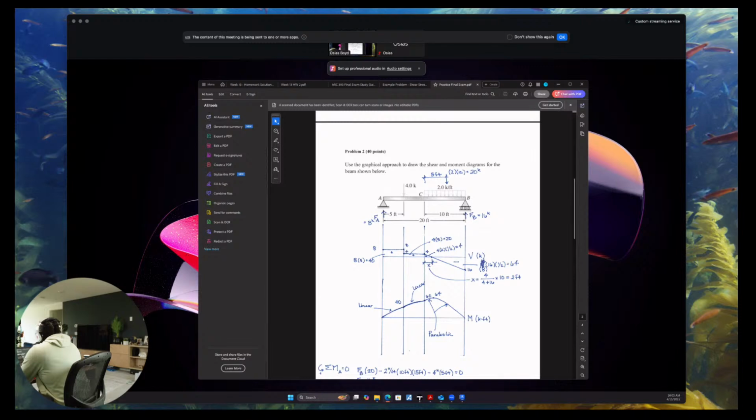And that's 20 kip-feet. It stretches from 10 feet to 20 feet.